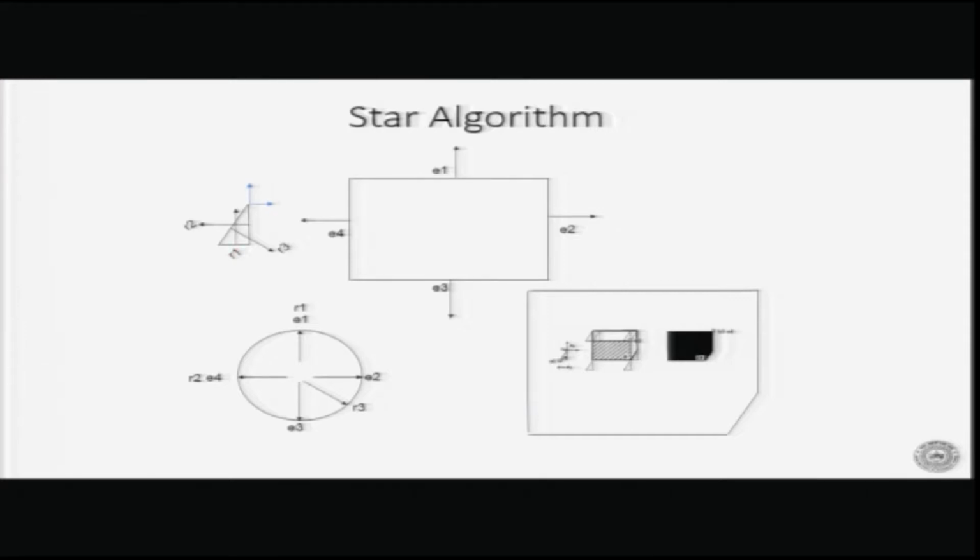So, we do exactly the same thing. I put E1, E2, E3 and E4, marking them on the obstacle. Then we mark the robot. So, this is my robot. Let me enlarge it, it looks bigger here.